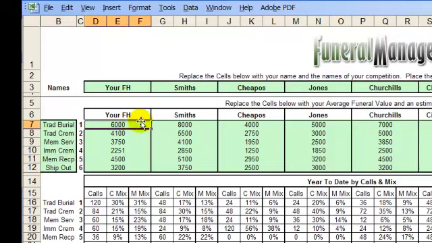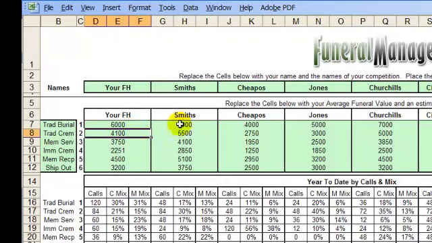Then you need to factor in what your funeral averages are for these particular services. Maybe you don't have that information yet, but I'm stressing that it's time to do this. You either have to get with your bookkeeper or just tally up the different services you've conducted over the last year or so and find out the averages for the various ones here.